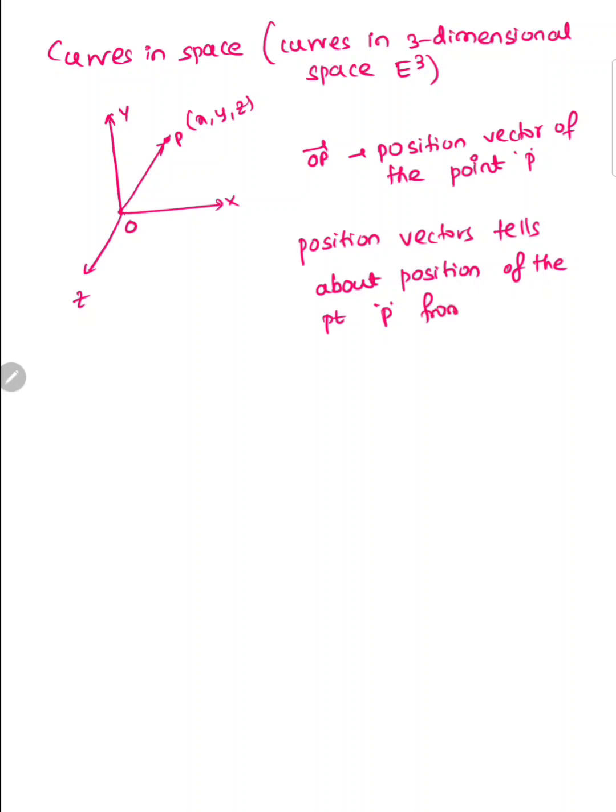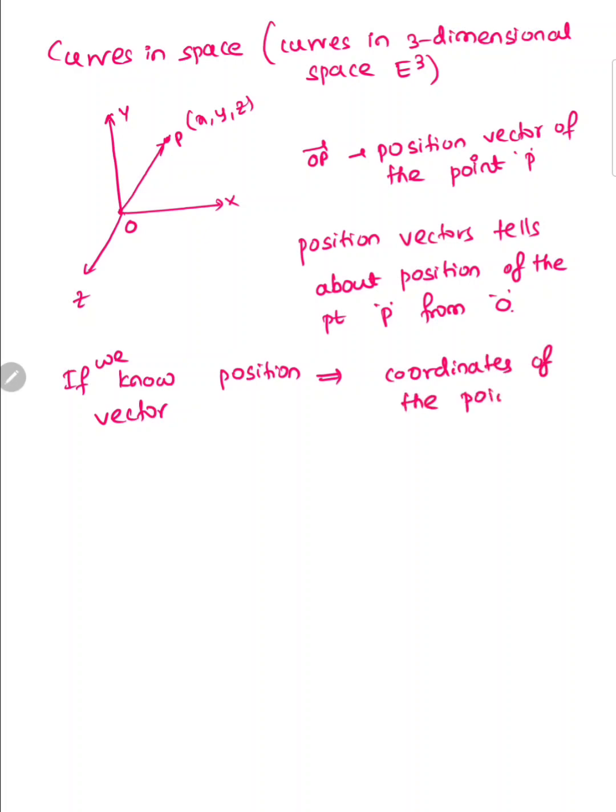So where the point is from the origin, it tells where the point exactly is. Hence we can write, if we know the position vector, we can find the coordinates of the point. Similarly, if we know the coordinates of the point, we can know the position vector of the point.